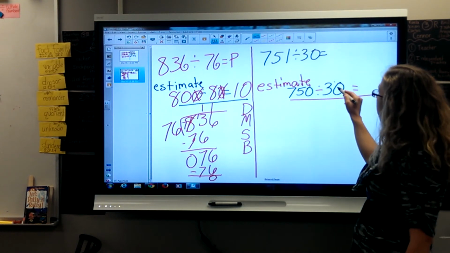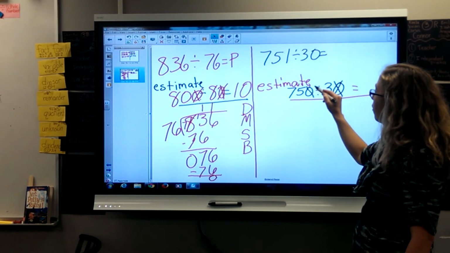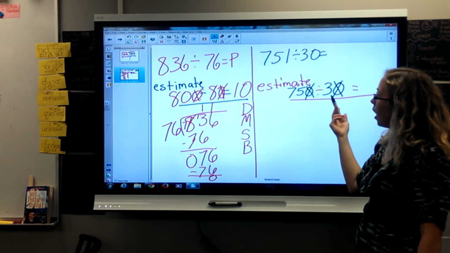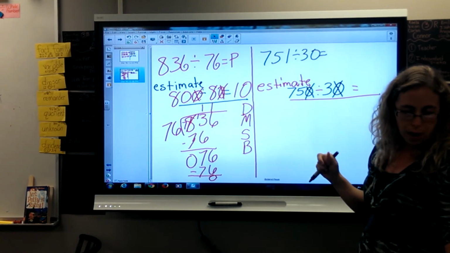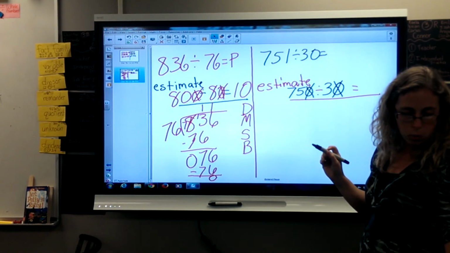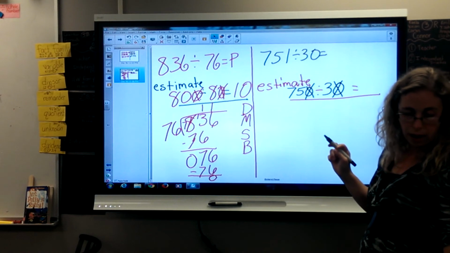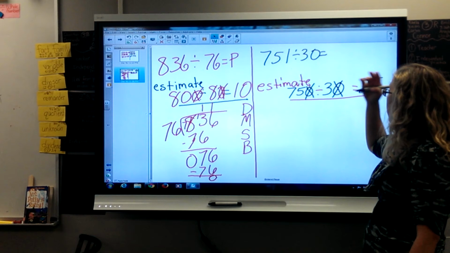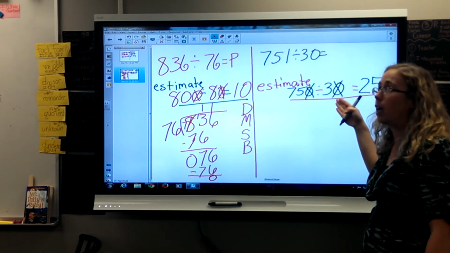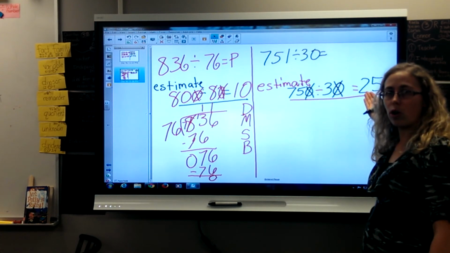So I can cross a 0 off over here and a 0 off over here, and then it becomes what is 75 divided by 3. 75 divided by 3 would equal 25. So we know that if I take 75 cents and divide it by 3, it's going to be a quarter.